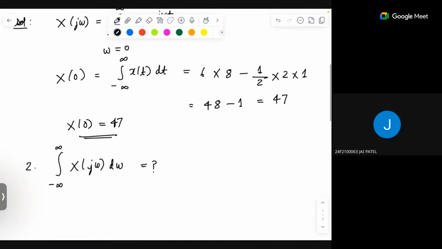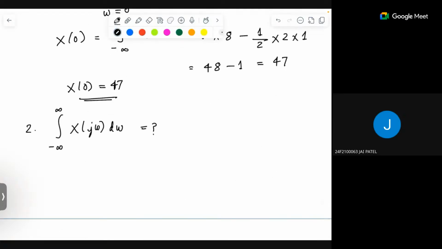So here we have to find the area under the Fourier transform curve. So let us write the inverse Fourier transform equation. x(t) is 1 upon 2 pi integration from minus infinity to infinity of X of j omega e raised to the power of j omega t d omega.